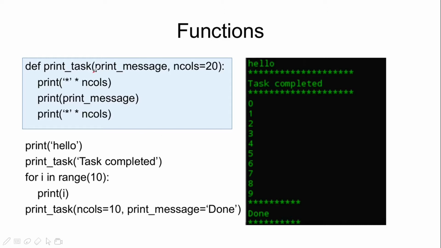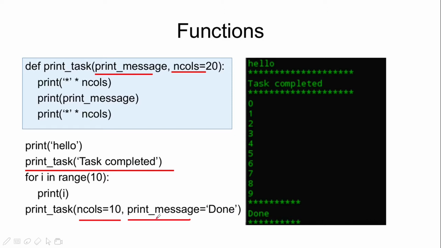For example, this print task function has not changed from the last slide, but in this print task call we have used keyword parameters or keyword arguments. So I have used the n_calls parameter and gave it a value, and I used the print message parameter and gave it a value.